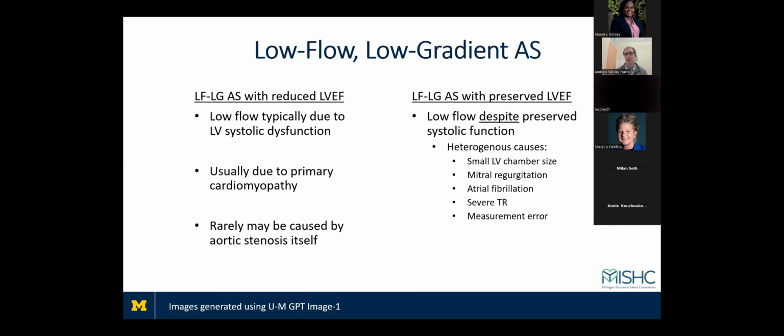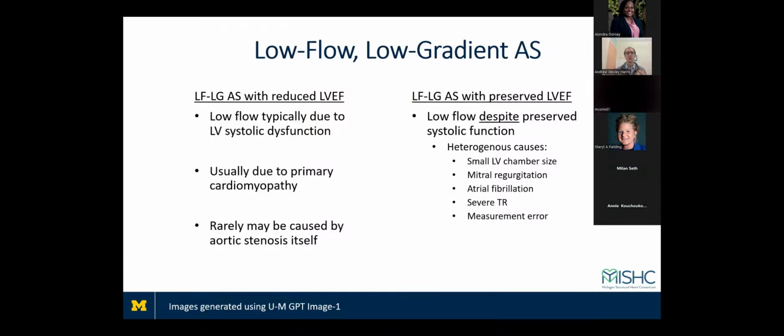The classic cause of this, though, is that some patients, while the AS progresses, instead of having LV dysfunction, actually have remodeling of the heart where they get increased thickness of the walls of the heart, and the LV chamber size can actually decrease.